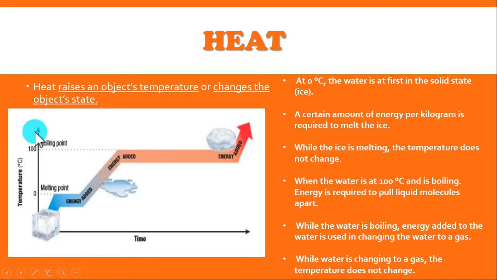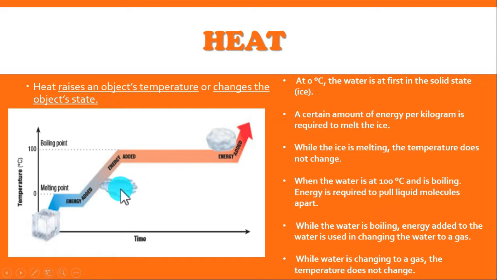Now we know that 100 Celsius is the boiling point for water. So what will happen at this moment? This liquid or this water will start to change to gas. It will evaporate. So here the temperature will stop increasing. The temperature will stay 100, but at this moment you will see that the liquid starts to evaporate.